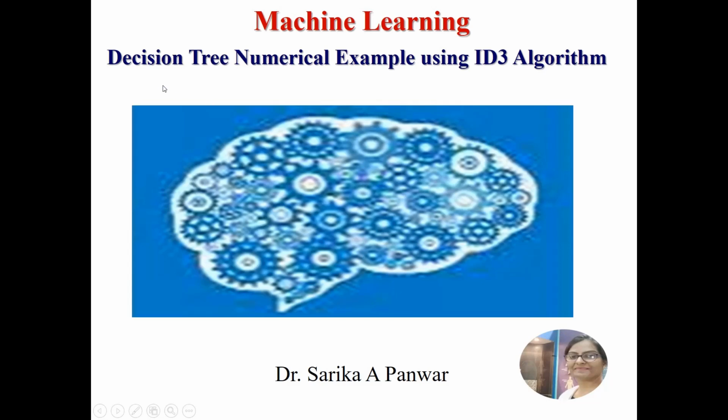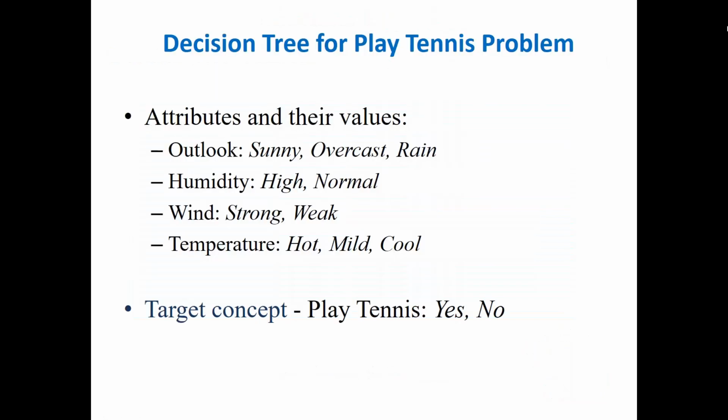Today's topic of discussion is decision tree numerical example using ID3 algorithm. We have seen the theoretical part of decision tree in the previous video. While drawing the decision tree for a particular database, we have to first decide on the nodes.